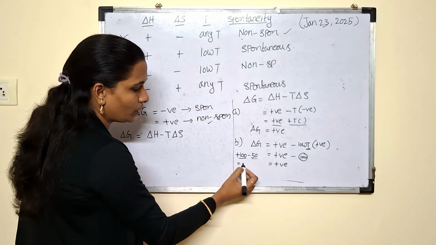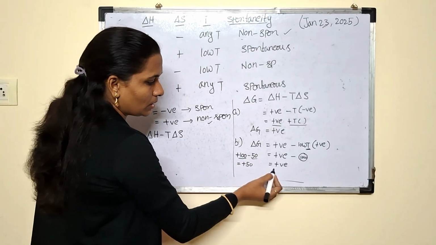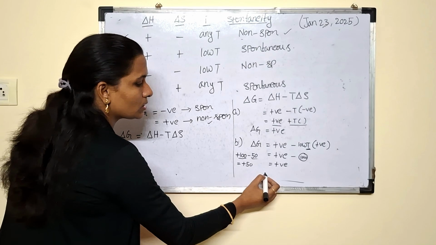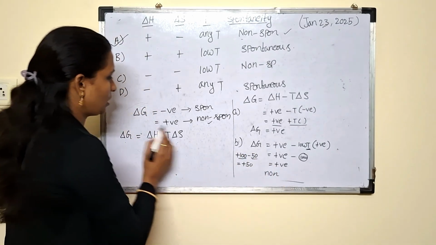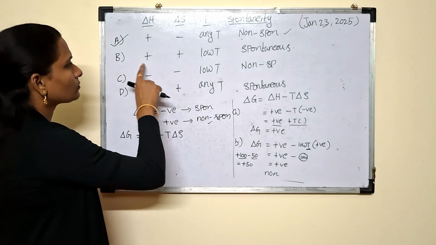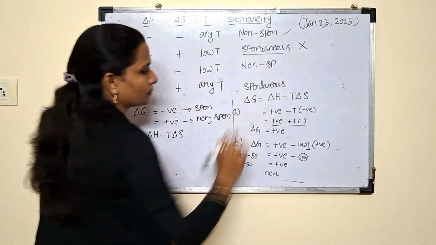For example, 100 minus 50 gives plus 50. In the same way, delta G is positive, so it is a non-spontaneous reaction. But they gave spontaneous, so this is a wrong statement.